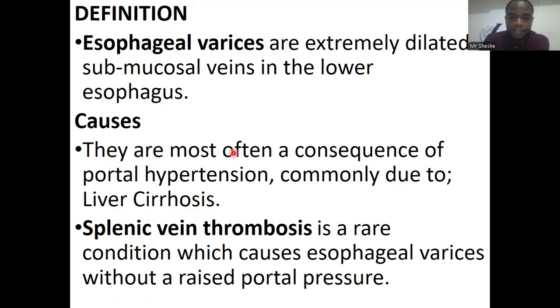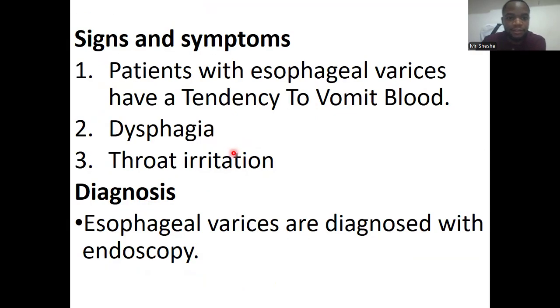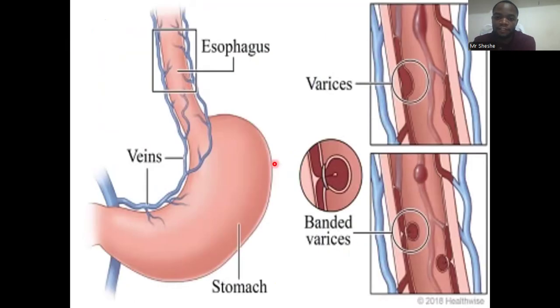Now, these veins sometimes rupture and cause bleeding. So patients usually present with hematemesis, vomiting blood, difficulty in swallowing, and throat irritation. Now, depending on the size, if it's just a smaller branch that has ruptured, of course, the bleeding eventually stops. But if it's a bigger one, that becomes a problem.